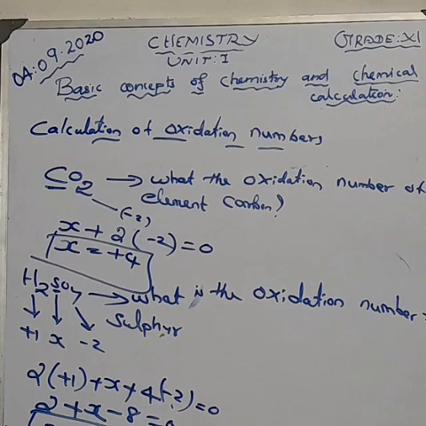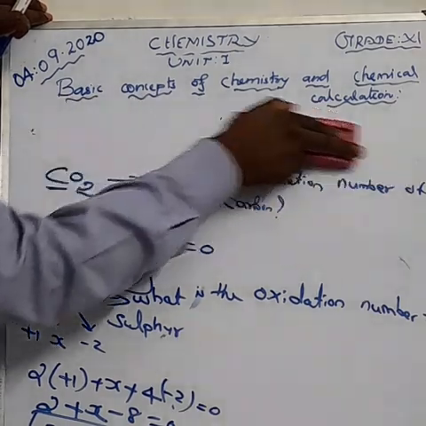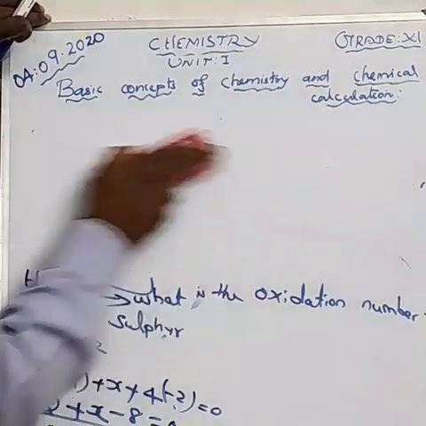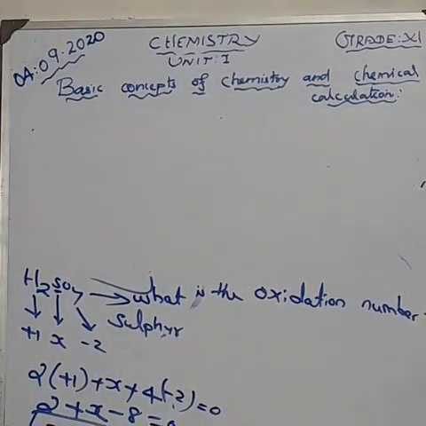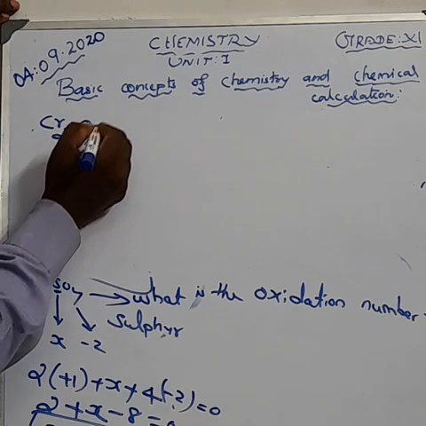Next, an important question: the dichromate ion. What is the formula for the dichromate ion? Cr2O7 2-.